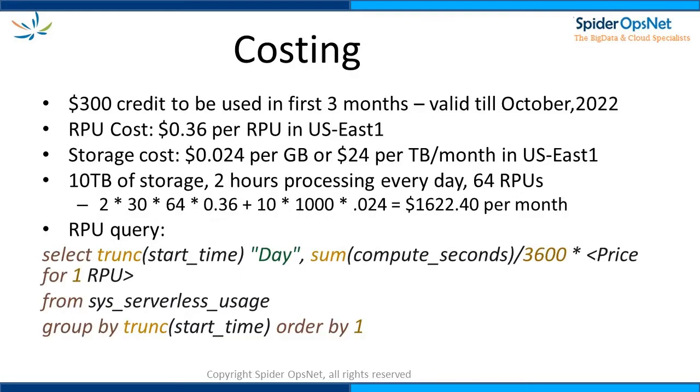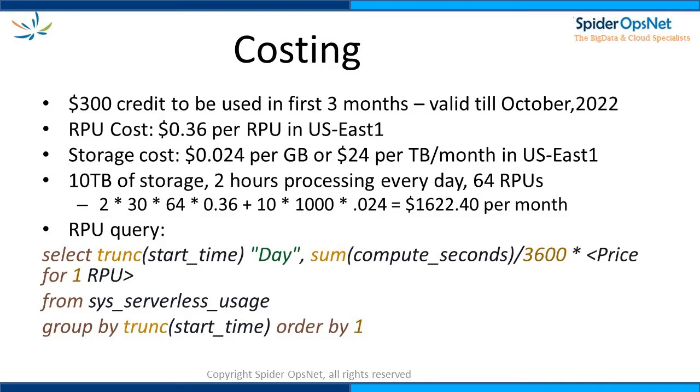Now, let us recap how much does it really cost. There is a $300 credit provided by Amazon to use this service. I think this will be valid till October of 2022. So please check this when creating the namespace as it is shown on the Redshift Serverless console. The remaining credits are also shown, as I will be showing you in the demo.